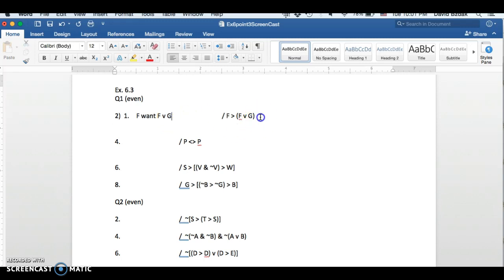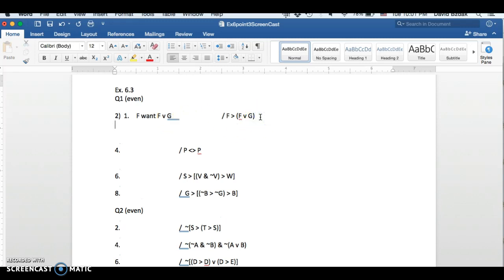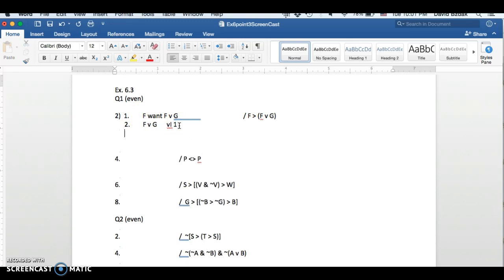Oops. So now how do we get to F or G? Simple. We do a disjunction introduction of 1. So we assumed F. We derived F or G. So now we can come back to the original scope line.